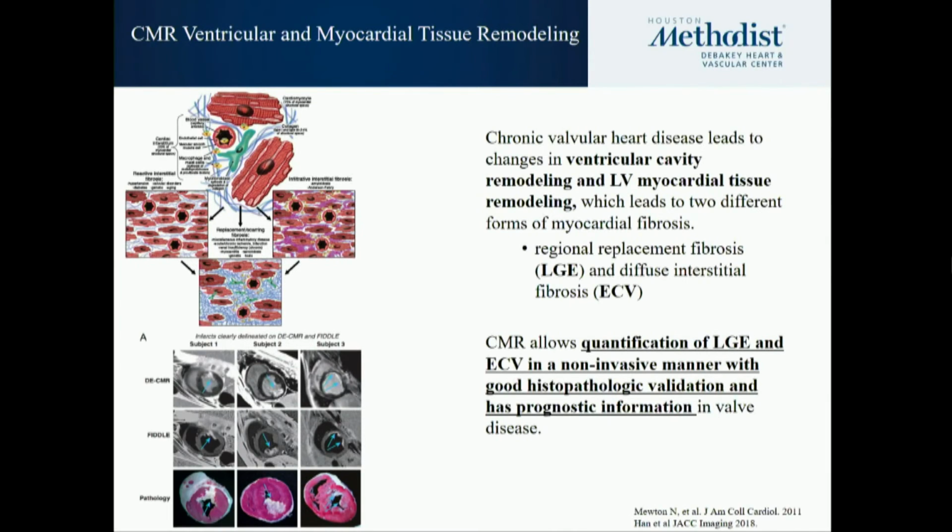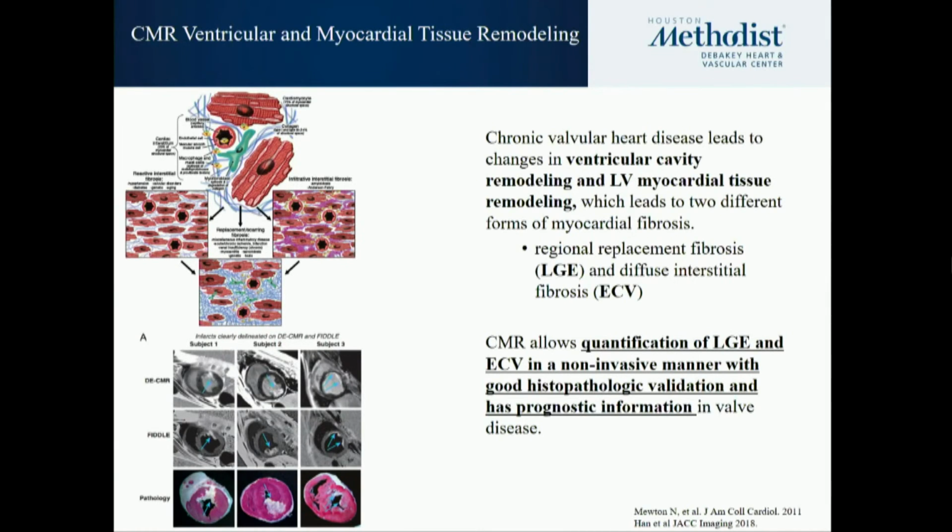Regional replacement fibrosis, that's measured by LGE, or late gadolinium enhancement, and diffuse interstitial fibrosis, that's measured by ECV, which is extracellular volume fraction. And then this allows quantification of LGE and ECV in a non-invasive manner, similar to biopsy, and this has shown to have good histopathologic validation, and obviously has prognostic implication, which I'll show you a couple studies that have been out there on this.